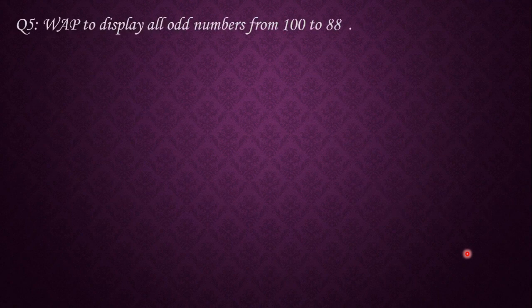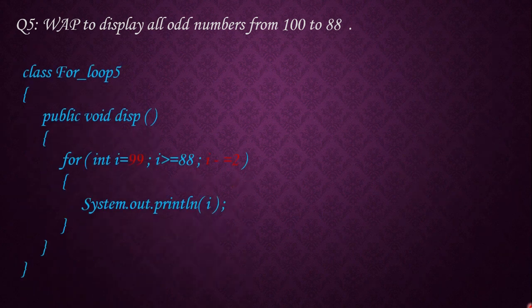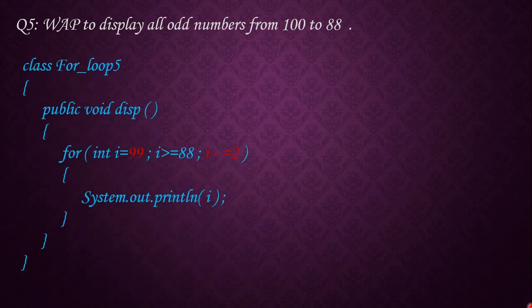The next program tells us to display all the odd numbers from 100 to 88, that is in decreasing order. So the highest odd number in that given range is 99. That's why I have begun my initialization with 99, and up to how much? It will go up to 88. And every time the odd number is decreased by 2.